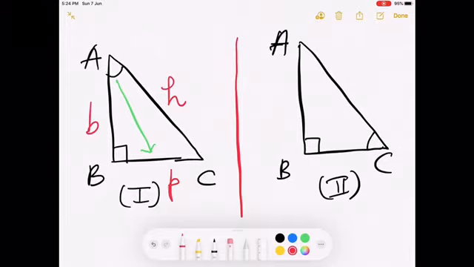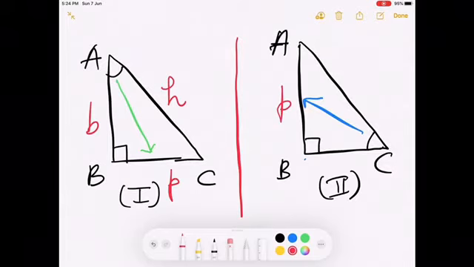Same way in the second figure, if I take angle C as the angle of reference, then the side which is opposite to angle C, the side AB, will be the perpendicular, and the side BC, which is making up angle C, apart from the hypotenuse AC, will be known as the base.